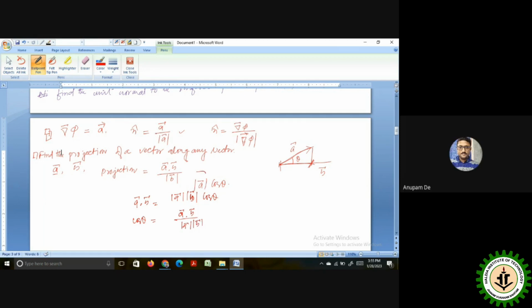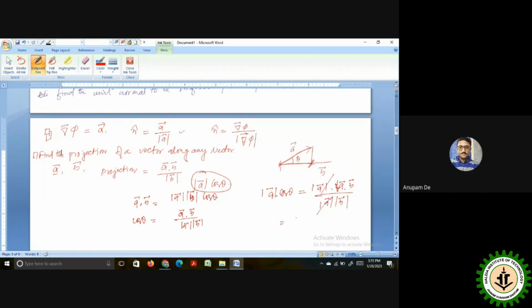Now if you try to find mod A cos theta, it will be equal to mod A into A dot B divided by mod A into mod B. So mod A will cancel each other.